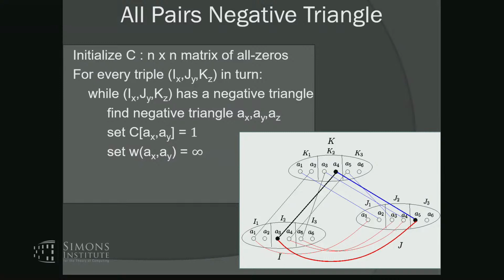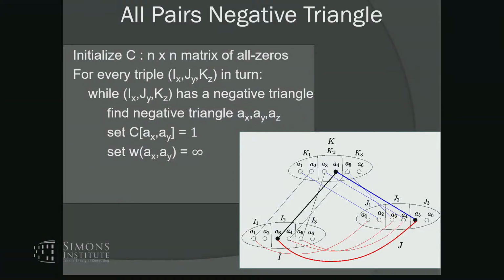Just to clarify, to solve the all pairs negative triangle problem, we only need to find the negative triangles that involve one vertex in I and one in J. We don't need to worry about the ones in these different pairs, because I just made a copy of the whole graph.